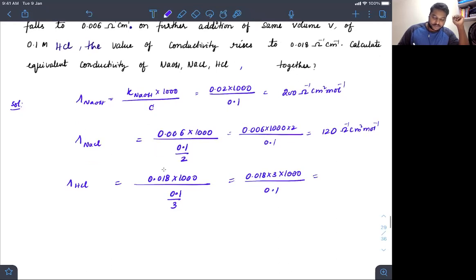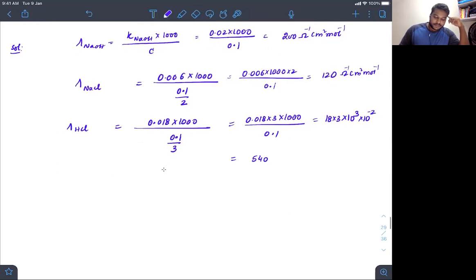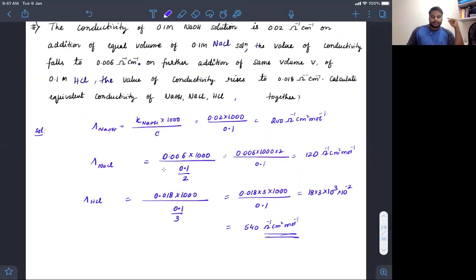So that will be equal to 118 into 3 into 10 raised to power of 3, which is 540 into 10 raised to power of minus 2. So 540 ohm inverse centimeter square and mole inverse. So these are the values which have been asked. Done.